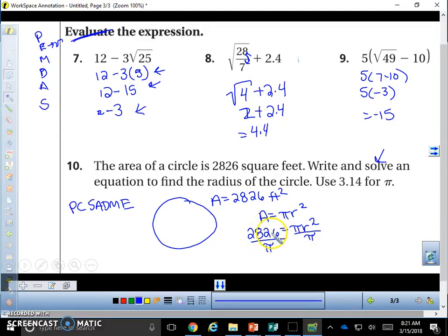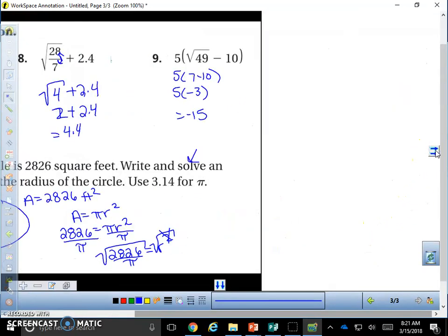I'm going to leave it in this form right here because it's simpler this way. 2826 divided by pi equals r squared. Take the square root to undo the exponent of 2. All right, let's see if we can take the square root of 2,826 perfectly, and maybe we can take the square root of pi perfectly.